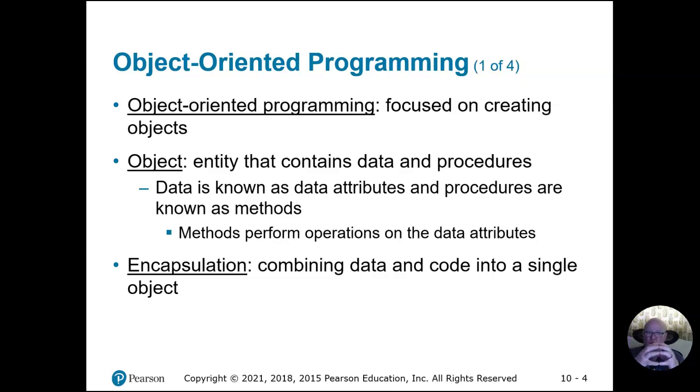So the pickle part is an object. And then we can store data inside of that object, and then the dot dump and the dot load, those are the methods that actually execute against the data we're giving them. And that whole thing of having everything inside of that glob is known as encapsulation.